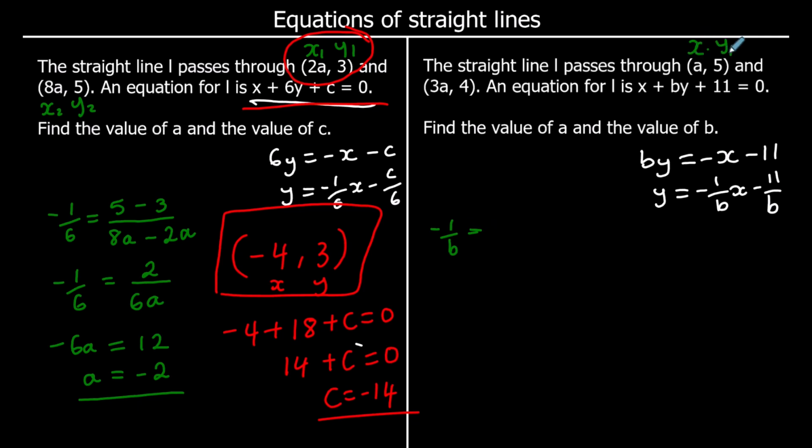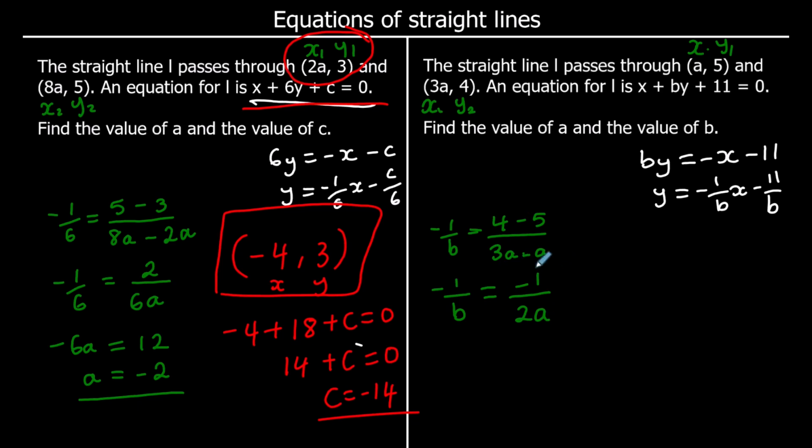And the gradient is the change in the y's divided by the change in the x's. So y2 minus y1, 4 minus 5, over x2 minus x1, 3a minus a. So minus 1 over b is equal to negative 1 over 2a.